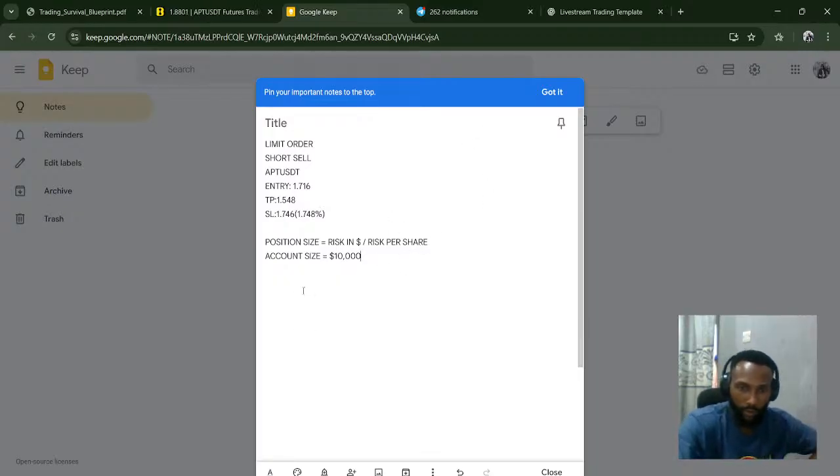So now, what is our risk? We say that we should not risk more than 2% of our account. We are going to use 2% because 1% of $10,000 is $100. So 2% of $10,000, if you do your math, is $200. 10% of $10,000 is $1,000.